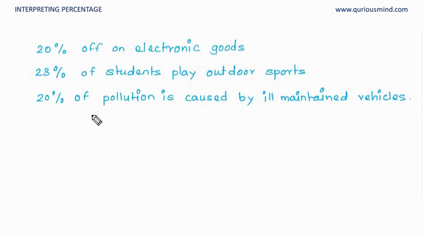All these statements are good when we are trying to compare things or estimate things. But what if I want to know the exact number, the absolute number? How do I know how much I am going to save if I buy a fridge?